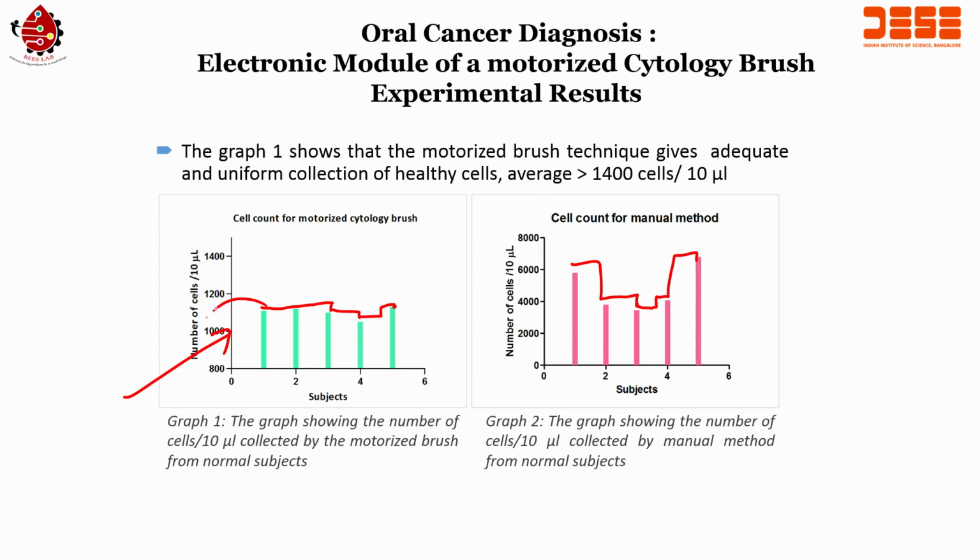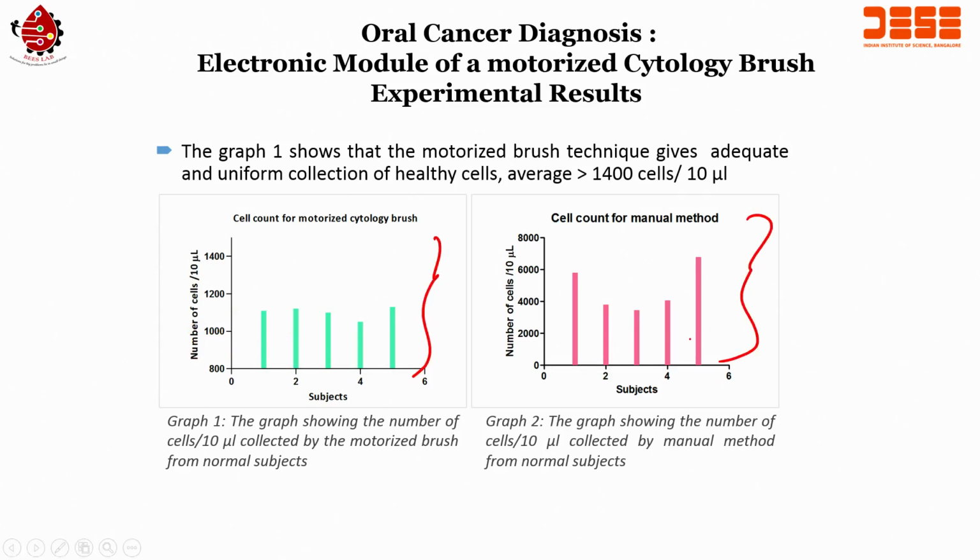But the count here is close to 1100, while here the count is close to 4500, which is really high. So, the uniformity: the manual method only an expert can do, while the brush a semi-skilled person can operate.